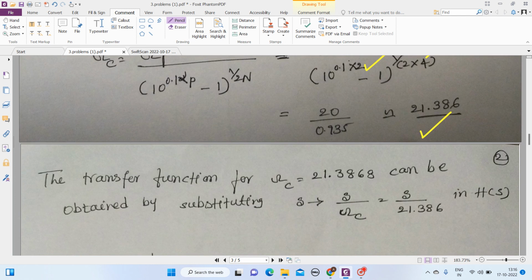Okay, thereafter, for this given cutoff frequency, we are converting the transfer function to the analog Butterworth low pass filter transfer function. Here the last step is, this is the obtained cutoff frequency 21.386 that we determined previously; that value only I have taken here.